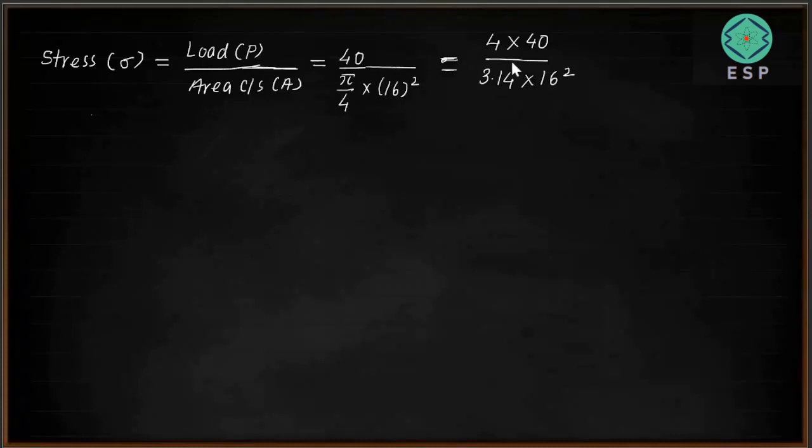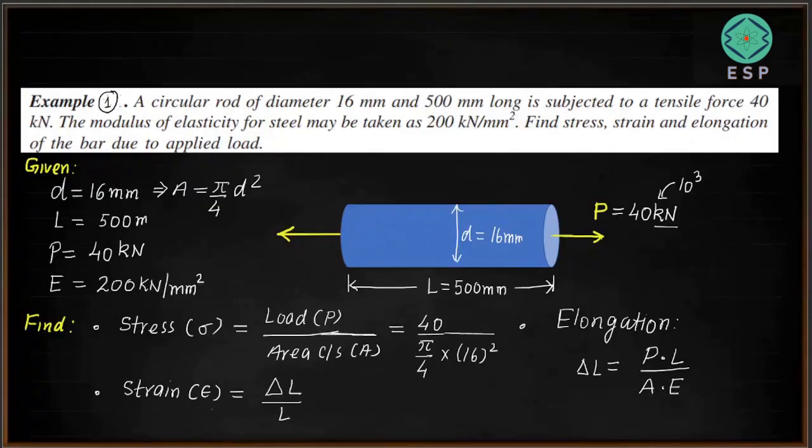Whatever value comes will be in kilonewton per mm square, because area is in mm square and load is in kilonewton. So let's simplify. Therefore, stress will be around 0.198 kilonewton per mm square.